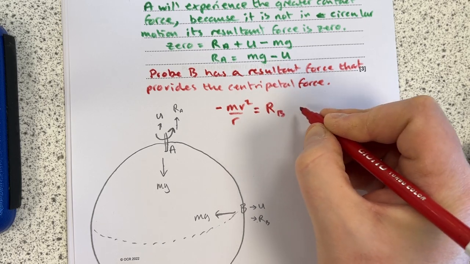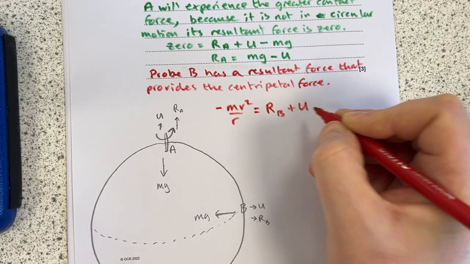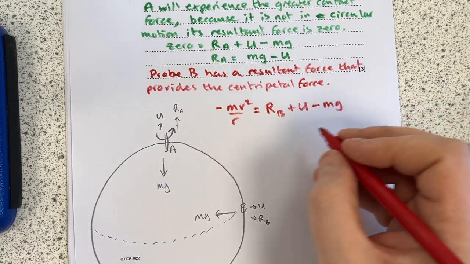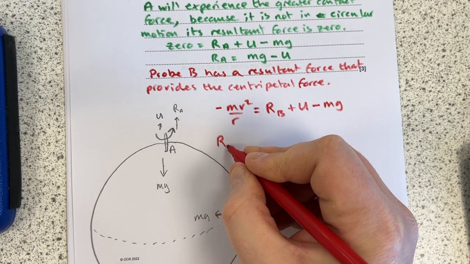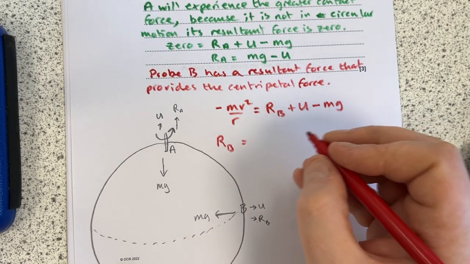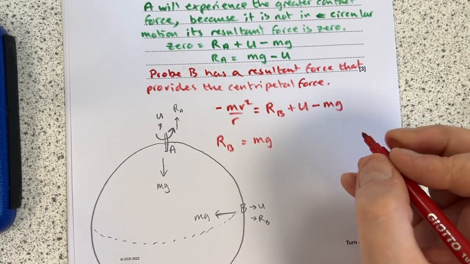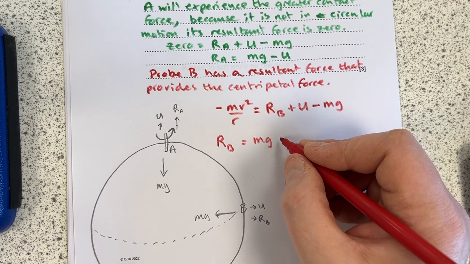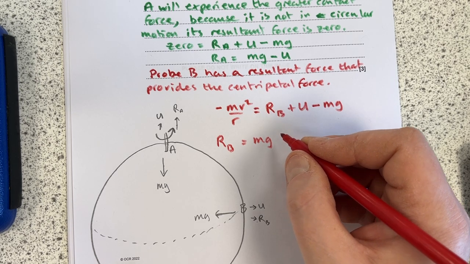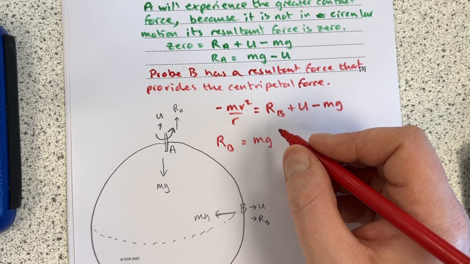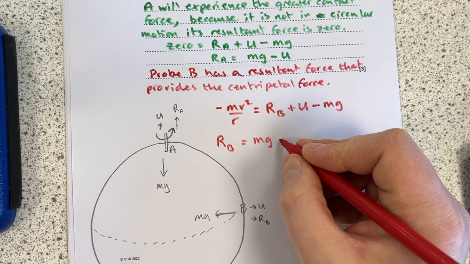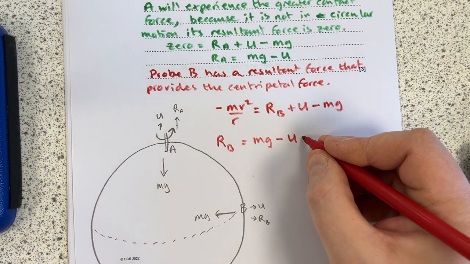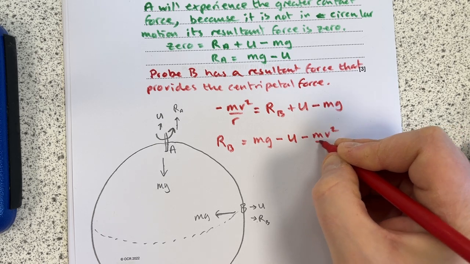reaction force B is to the right, so that's positive. Upthrust is to the right, that's positive. Weight is to the left, so that's negative. And then when I rearrange that to make RB the subject, it will be equal to mg minus U and minus mv squared over r.